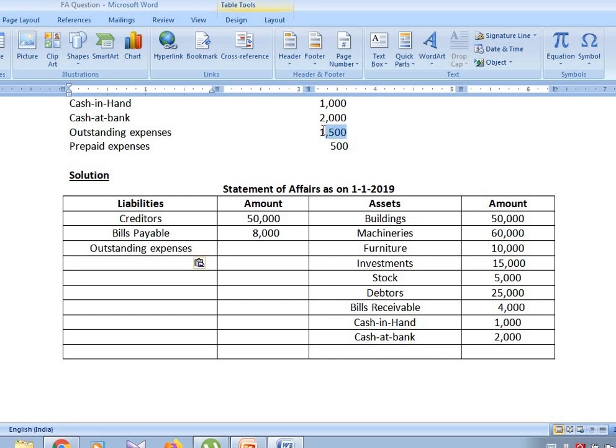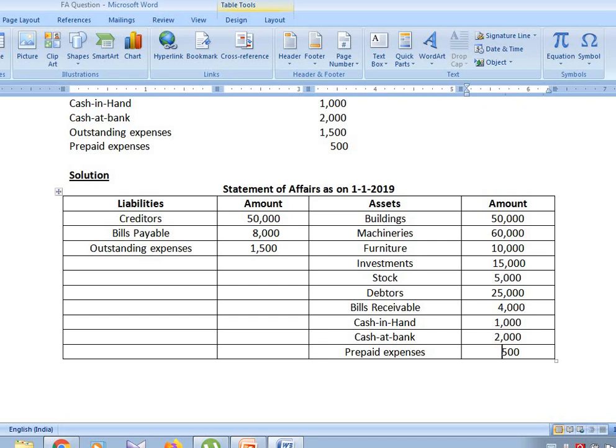Write down the amount. Now prepaid expenses: outstanding expenses go to your liability side, prepaid expenses go to your debit side, to your asset side.